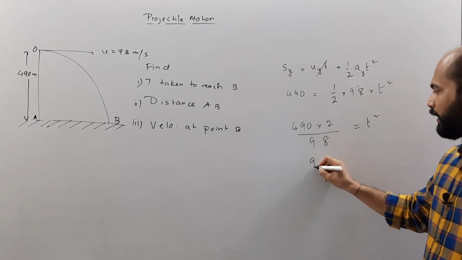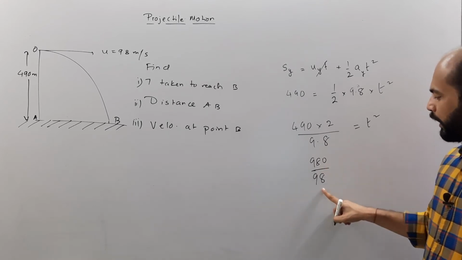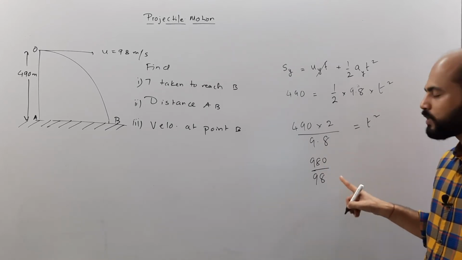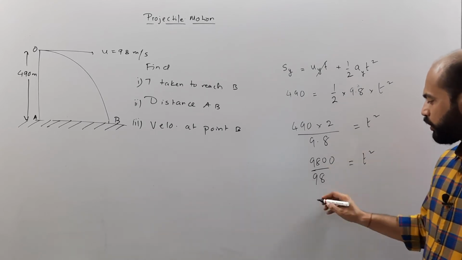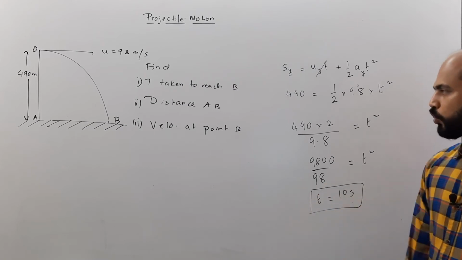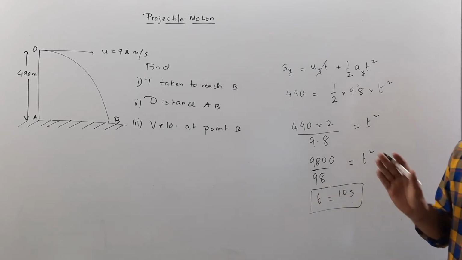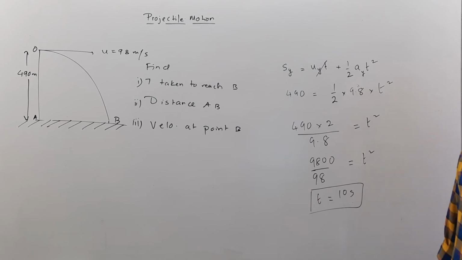So this is going to be 980 again divided by 9.8, which I am going to write as 98 into 10 raised to minus 1. This when taken on top becomes 9800. So t we achieve as 10 seconds. Now if you go by this rule, it means that from O to B it takes 10 seconds to come. So the first answer is 10 seconds.